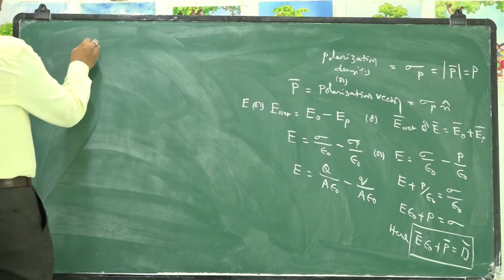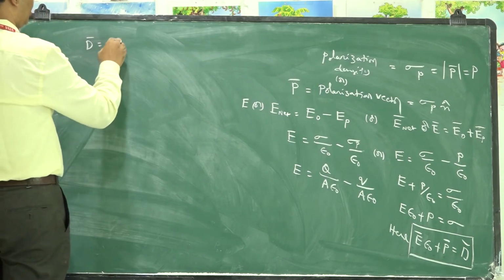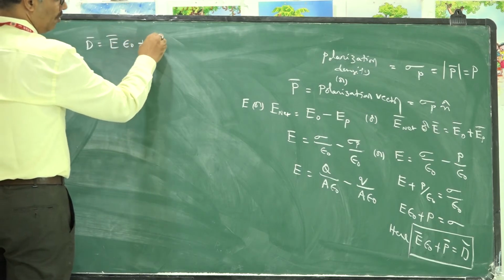So the displacement vector D bar is equal to E bar epsilon naught plus P bar.